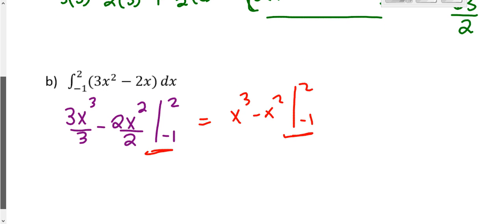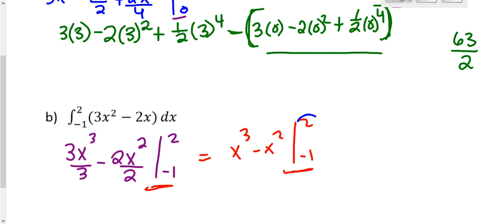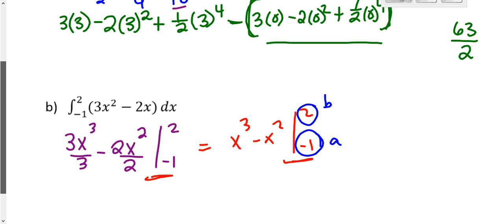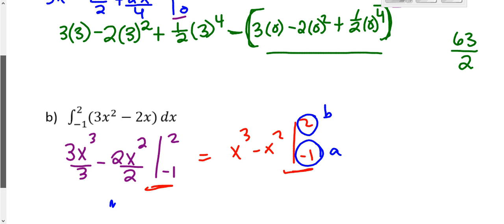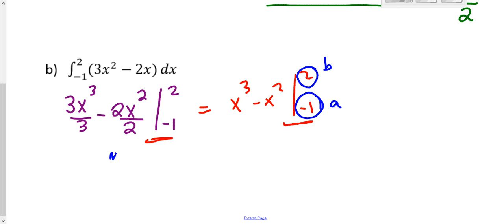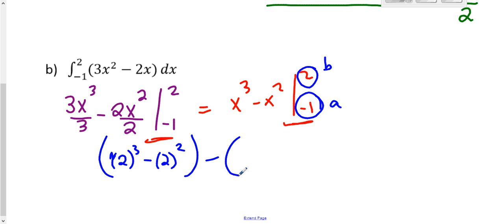So next is f of b minus f of a. Here is b. This is a. Make sure this is very, very important. So now we plug those things in. F of b. So we have 2 cubed minus 2 squared, minus f of a, plugging in -1. (-1) cubed. Make sure you put parentheses here.